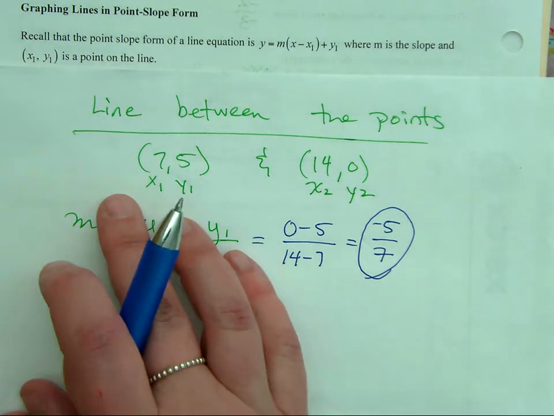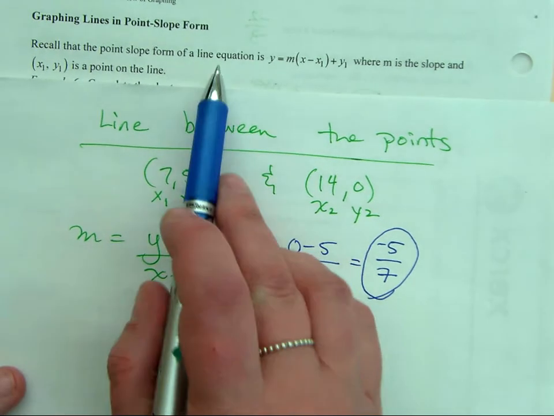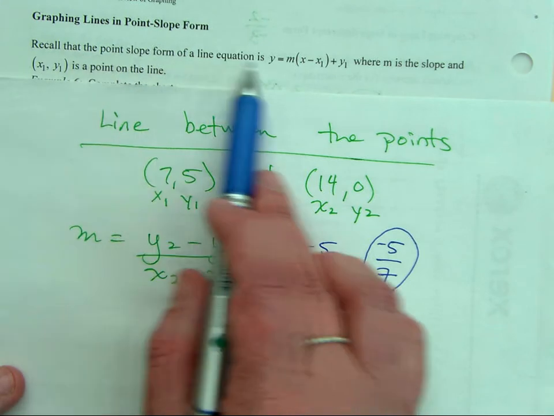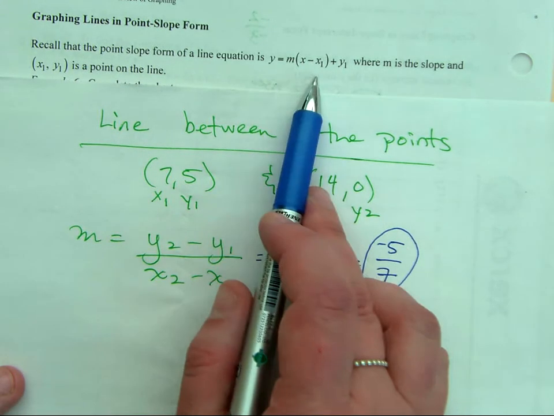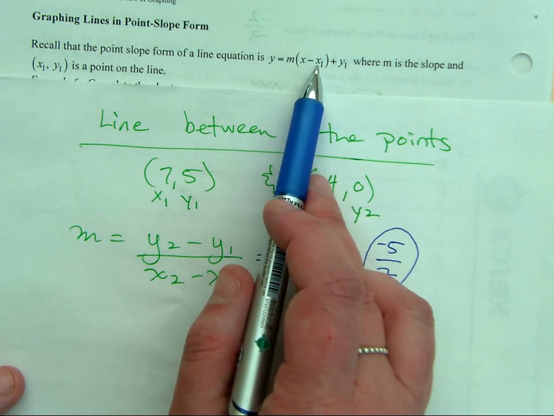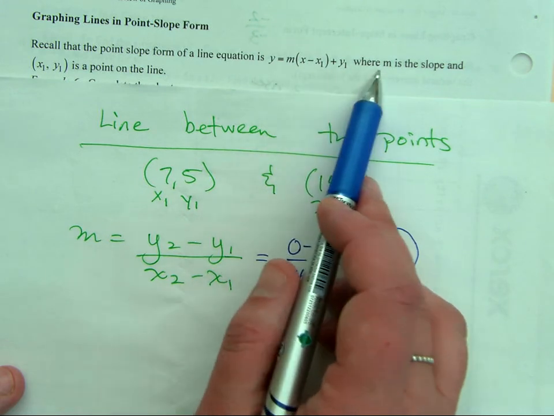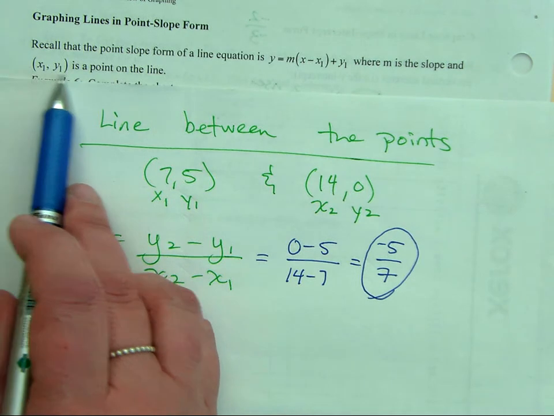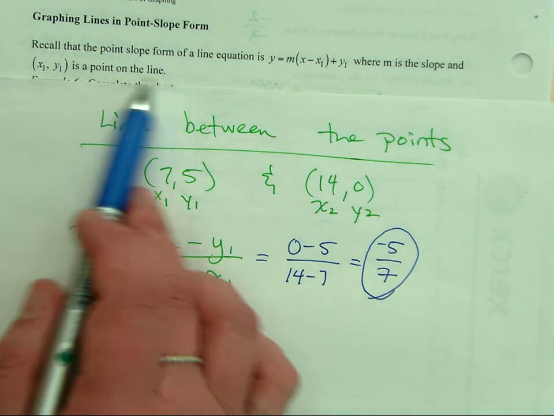So that brings us back to this form. We call this form right here the point slope form. y equals m times (x minus x1) plus y1, where m is the slope and (x1, y1) is a point on the line.